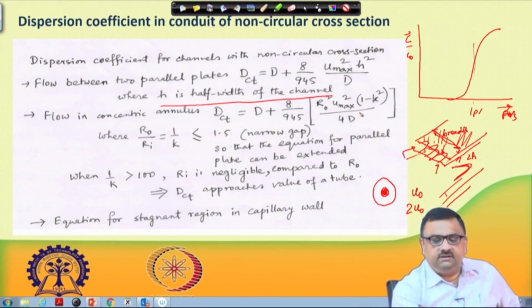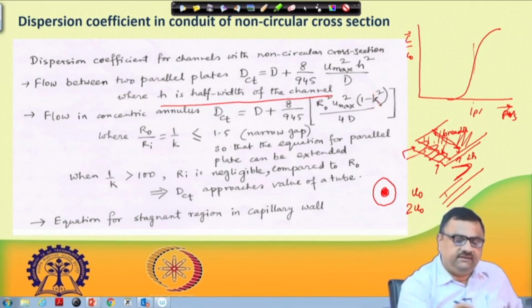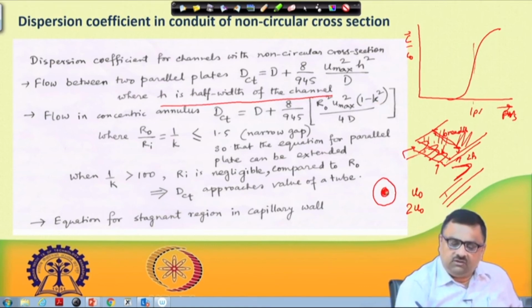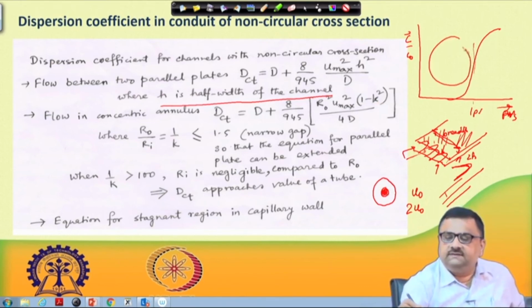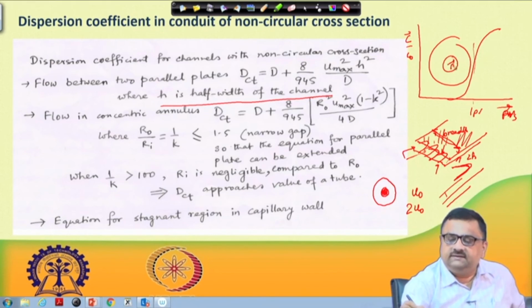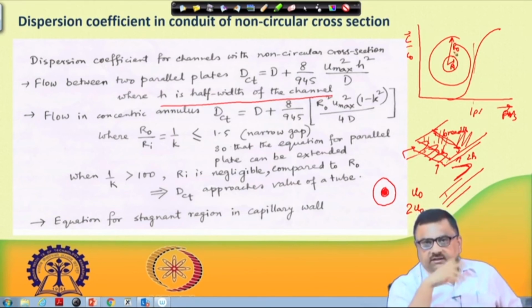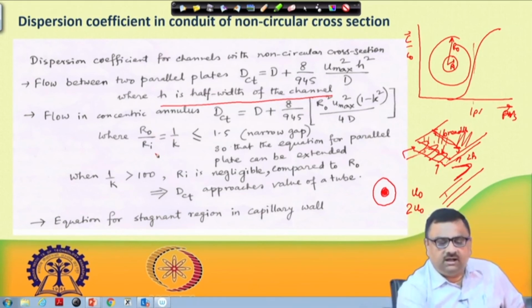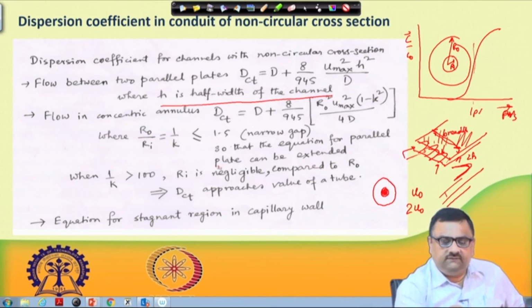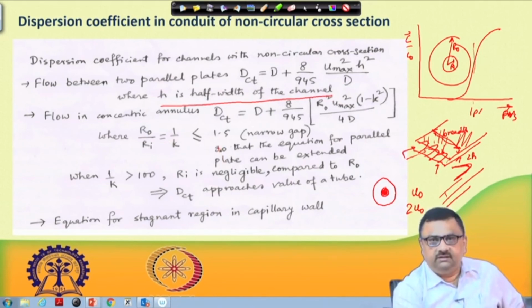In fact, this expression is just obtained from the expression which was obtained for flow between parallel plates. What they assumed here is that R_O by R_I, where R_O is the outer radius of the outer cylinder and R_I is the radius of the inner cylinder, if this ratio is less than or equal to 1.5, then one considers this to be a narrow gap.